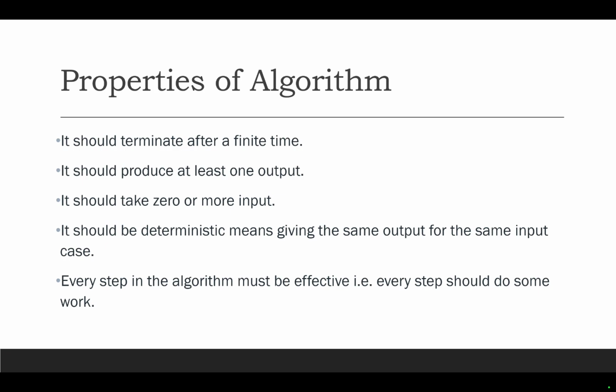It can take 0 or more inputs, and it should be deterministic, meaning giving the same output for the same input cases. Every step in the algorithm must be effective, so every step should do some work.